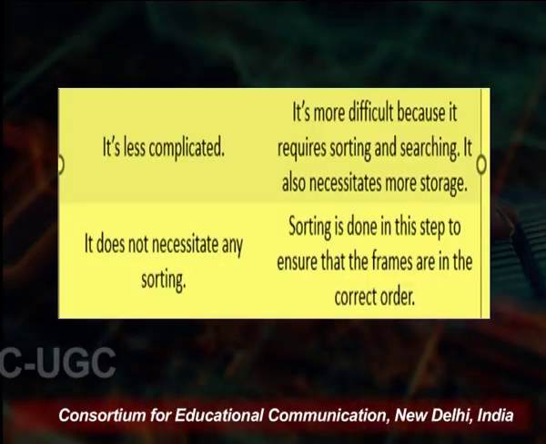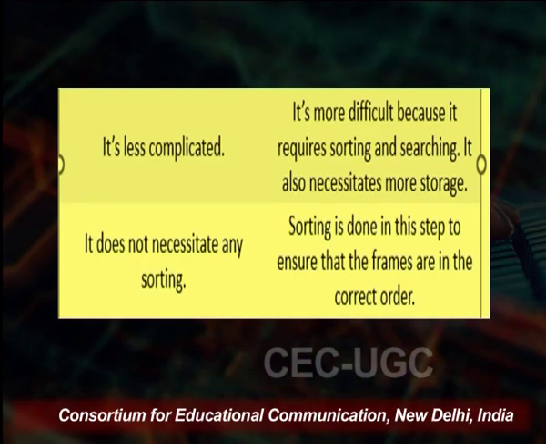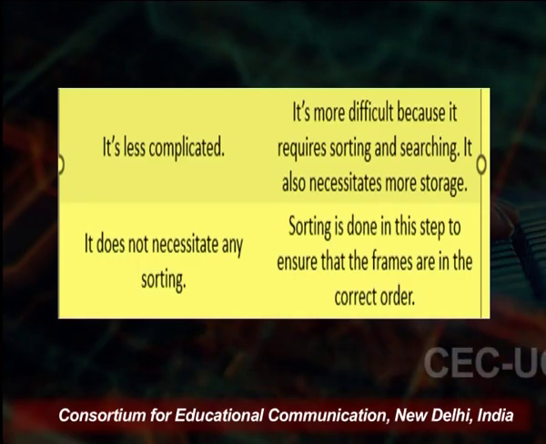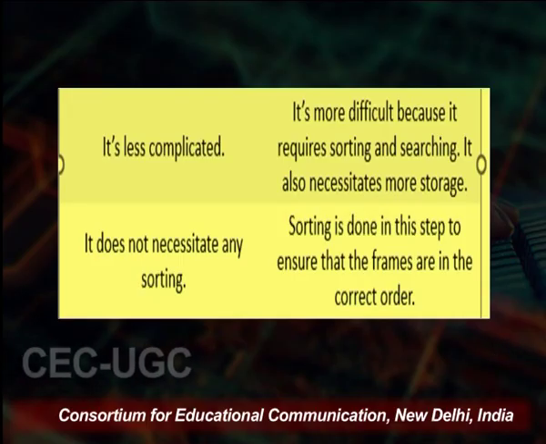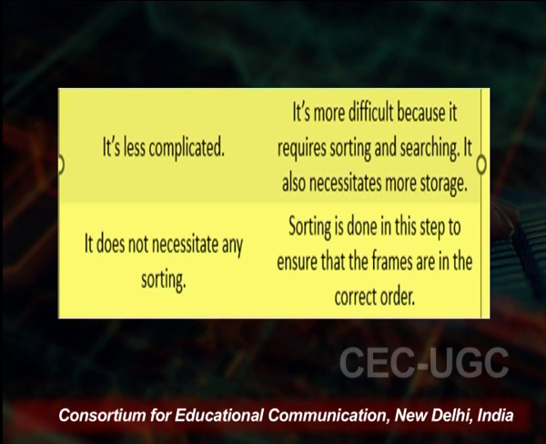Go Back N does not require any sorting. Sorting is done in selective repeat in order to ensure that the frames are in correct order, or in order to identify the missing frames.